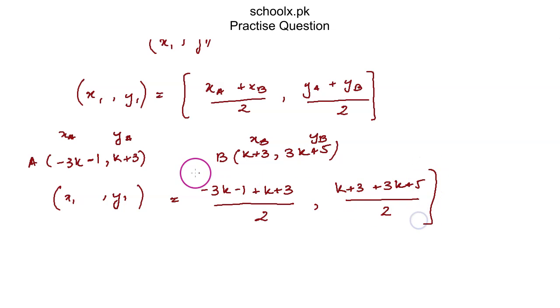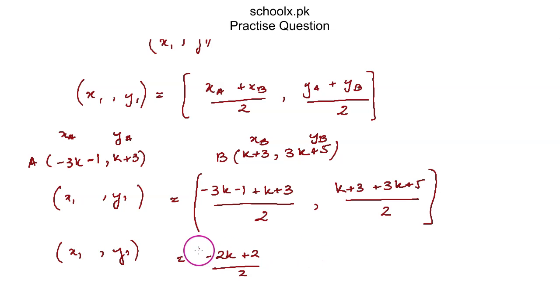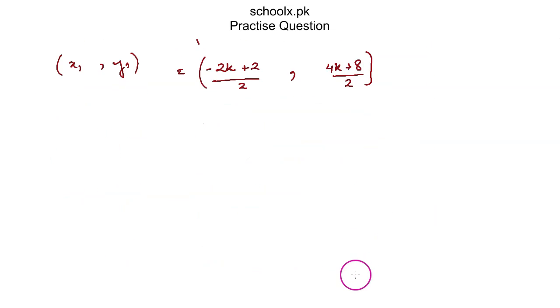When we simplify this further, we get (-2k + 2) over 2 for x1, and for y1 we get (4k + 8) over 2. This is the midpoint of AB.